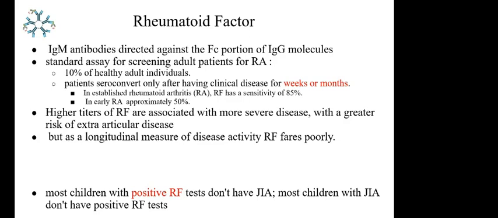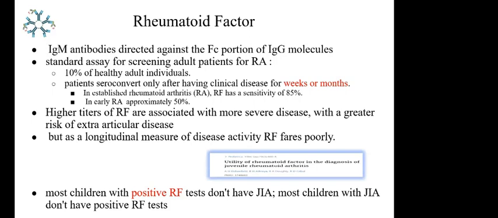But rheumatoid factor can't be used as a longitudinal measure for disease activity. Most children with a positive rheumatoid factor test don't have juvenile idiopathic arthritis, and most children with juvenile idiopathic arthritis don't have a positive rheumatoid factor test.